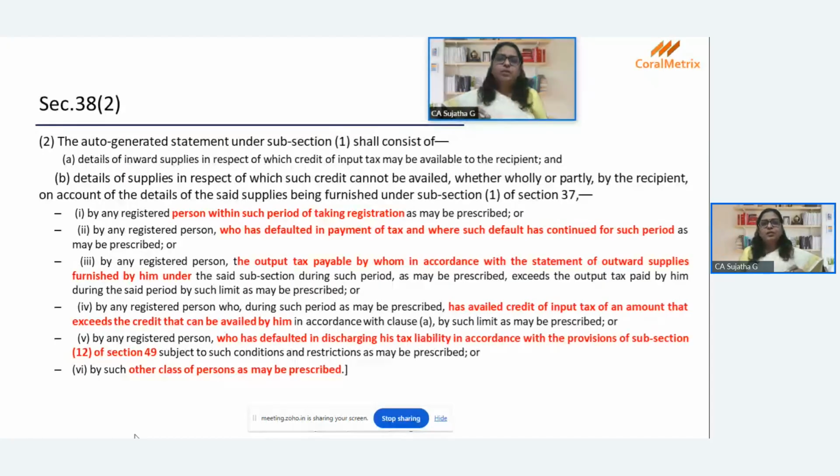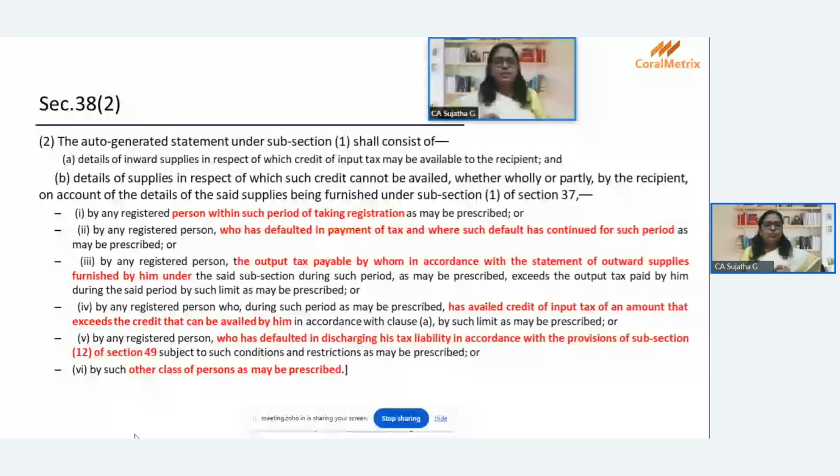Wherever there is a mistake, fix it then and there instead of waiting for the year end. Any reversal of input tax credit attracts 18%, and availment of wrong input tax credit also attracts penalty, blockage of your GST number and other consequences. So it's important that you comply with the taxes, understand the return and file the returns correctly.